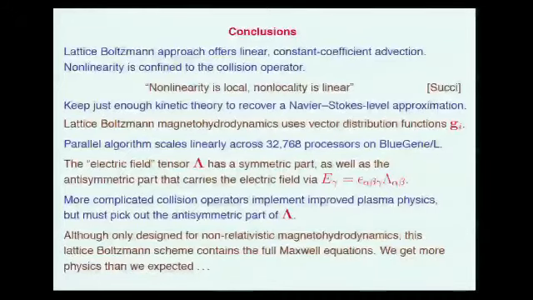And we keep just enough kinetic theory to recover a Navier-Stokes level approximation, and at the moment not more than that. The MHD approach I use is a vector distribution function to carry the electromagnetic fields. This gives you a parallel algorithm which George Vahala's group have shown runs on the Blue Gene as well as on the Altix, and you can scale up to 32,000 processors and get linear scaling.